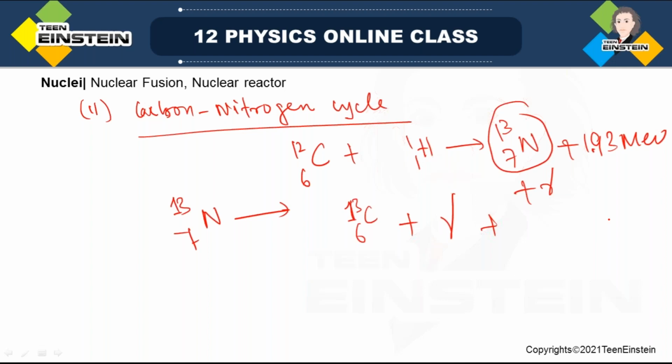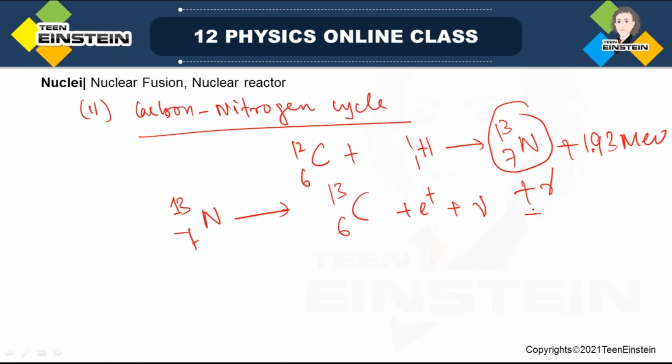Let me repeat this again. The carbon, after fusing with the proton, gets converted into this nitrogen nucleus. This is a radioactive one, so it will spontaneously decay into carbon C13, which is again a radioactive element, plus a positron, and a neutrino will also be generated.